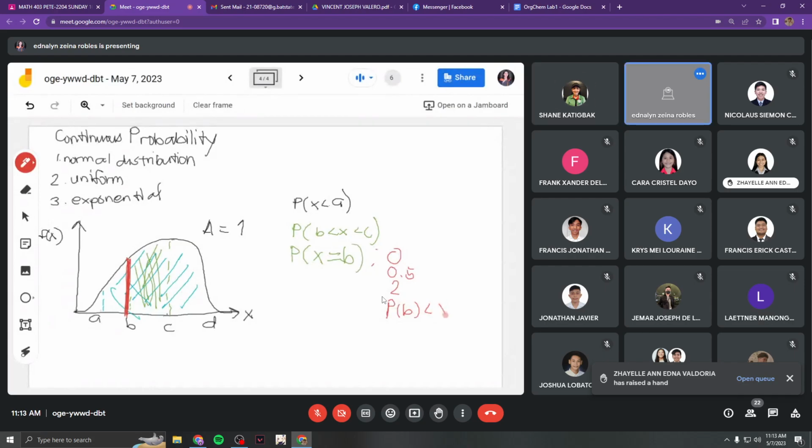Sorry, baliktad po. Probably yan. Probability of B is greater than X. So, to answer that question, what is the probability of X? Sorry, what is the probability of B? So, the probability of B is 0.